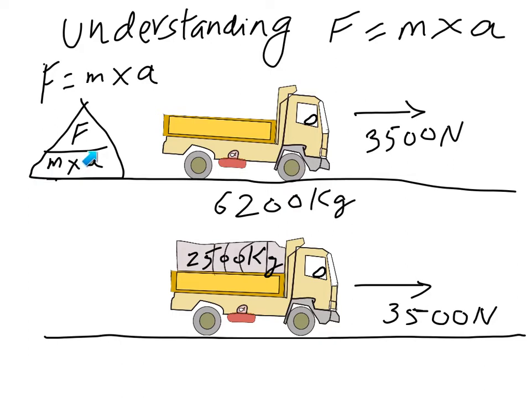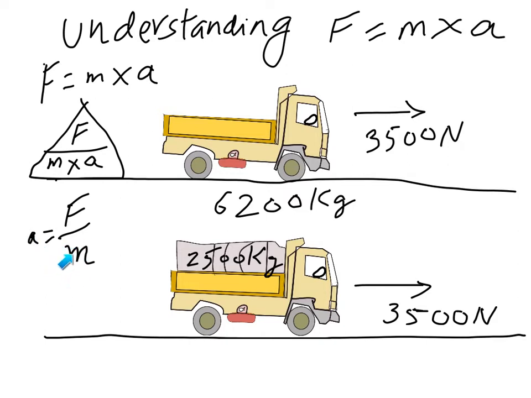If you hide the acceleration, A will be equal to F divided by M. This is the acceleration. Now when you increase M, because this is in the denominator, what happens to acceleration? It'll go lower.